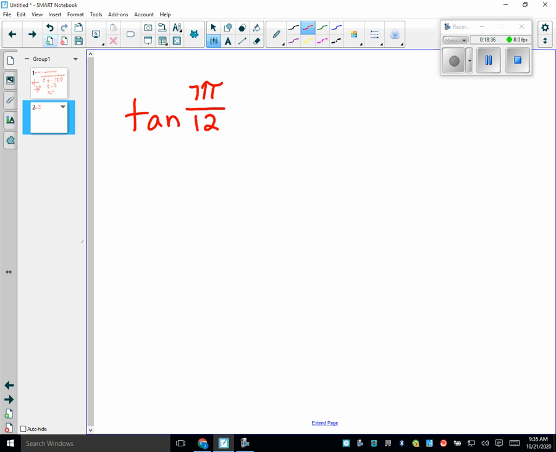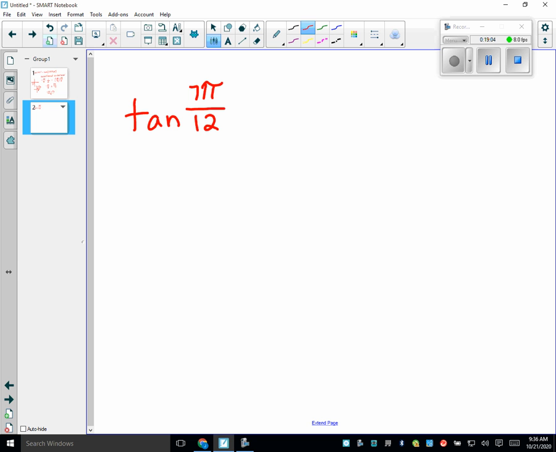Okay, I can convert each of these. I have pi over 6 in quadrant 1. What's pi over 6 in quadrant 2? Isn't it 5 pi over 6? Yeah, I was getting to that. What is quadrant 3? That would be 7 pi over 6. And quadrant 4?